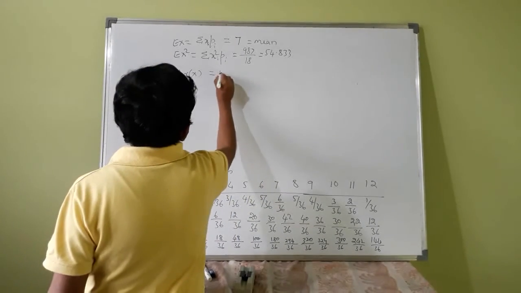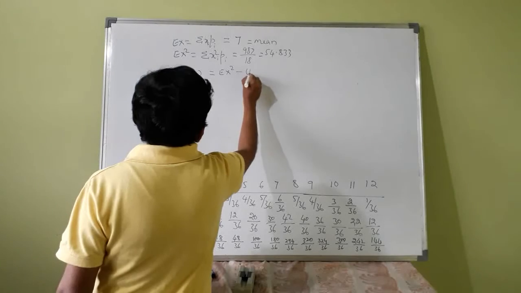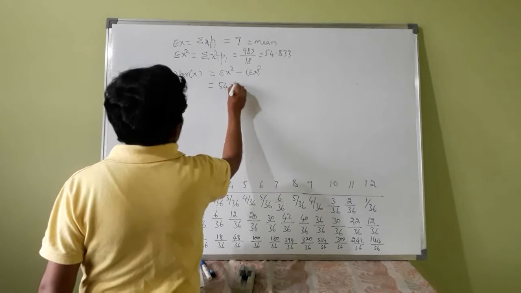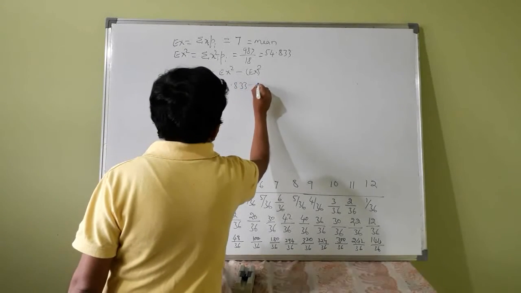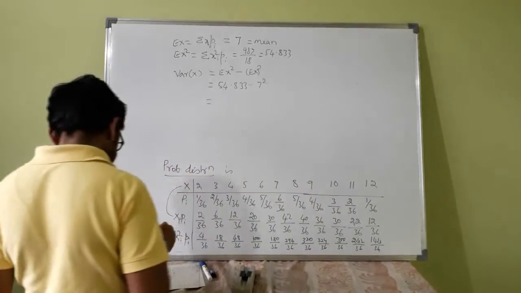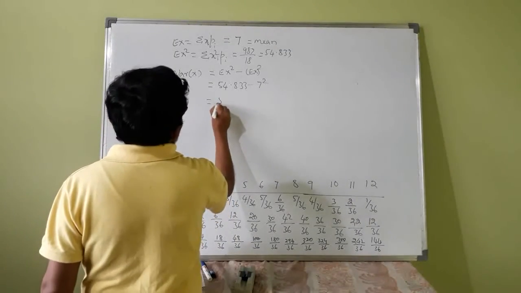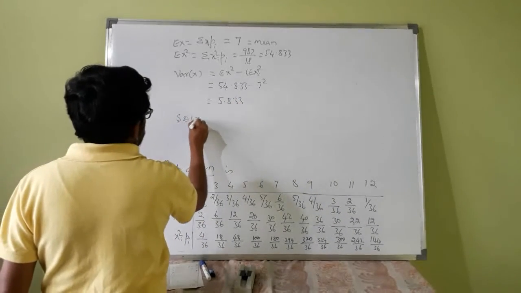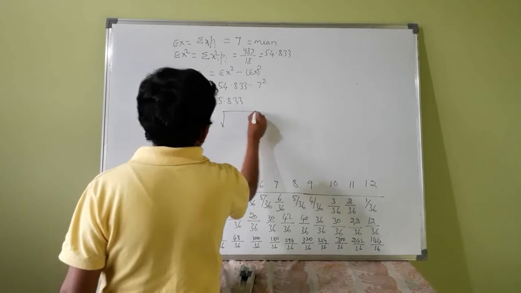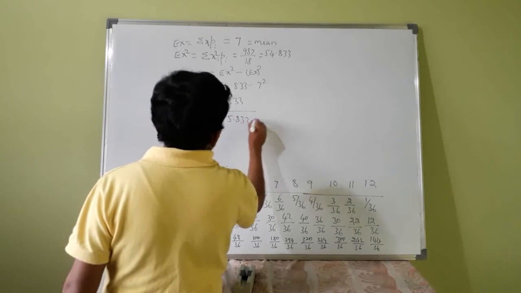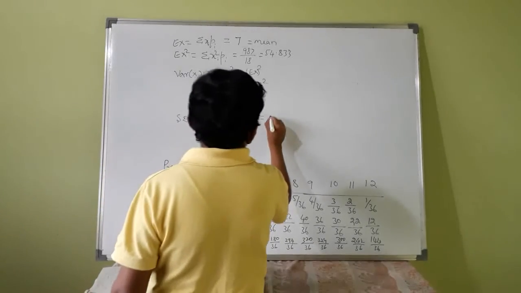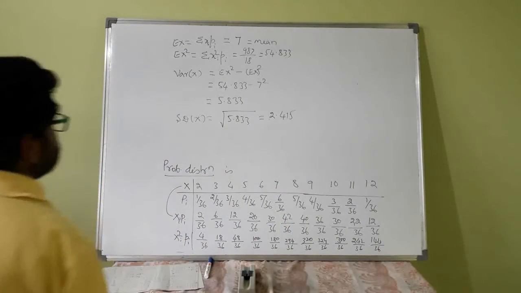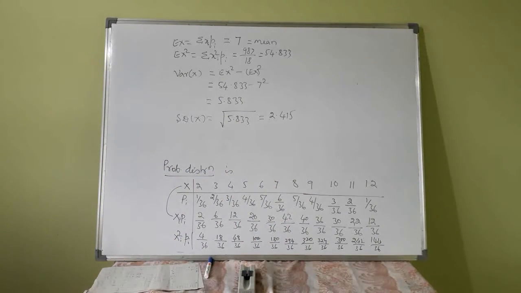Variance of x is expectation of x squared minus expectation of x whole squared, that is 54.833 minus 7 squared, that is 5.833. Standard deviation of x is root of 5.833 is equal to 2.415. Okay, you verify those values.